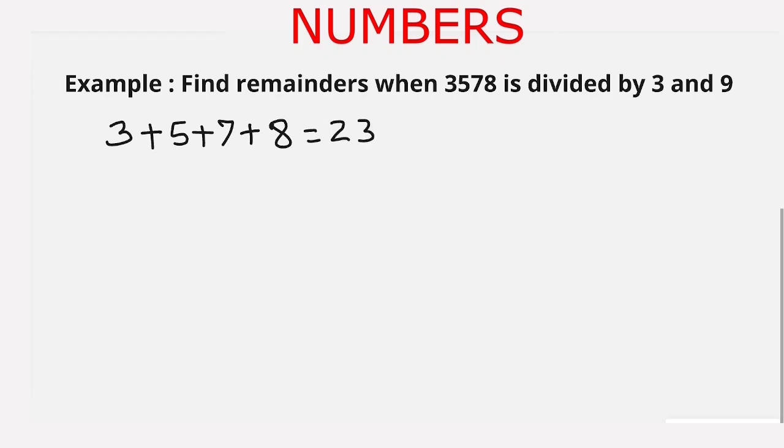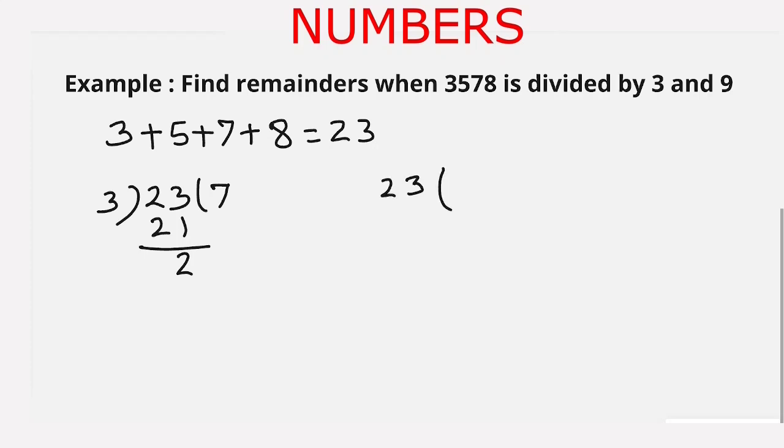Now, when 23 is divided by 3, 7 times 3 is 21 and the remainder is 2. So when the entire number 3578 is divided by 3, the remainder will be 2.